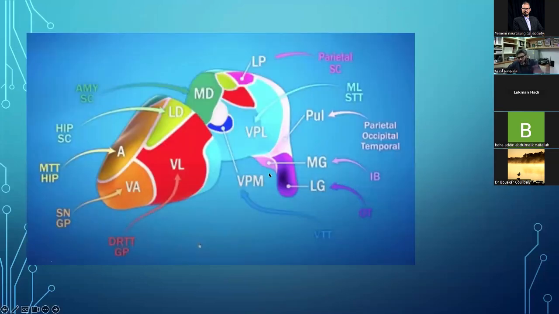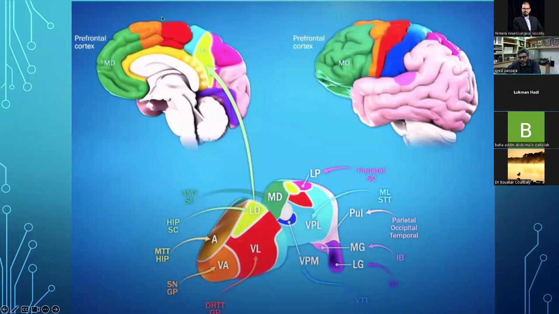And this is again a summation of what I told you, the main important connections of the thalamus. If we remember the color coding of these nuclei, there is a corresponding color coding on the cerebral cortex, which shows that the yellow nuclei will be projecting to these yellow areas. This color-coded projection helps in understanding the orientation of the projections of the thalamic nuclei.